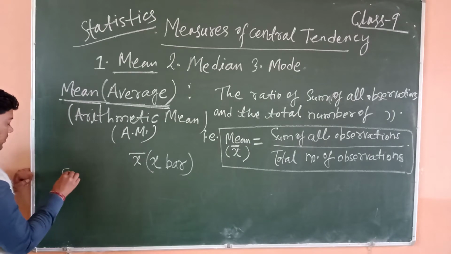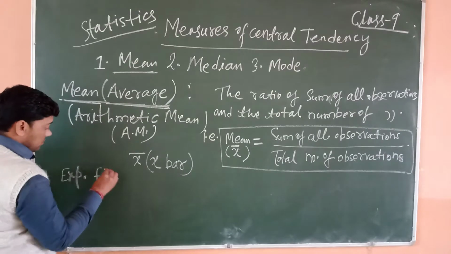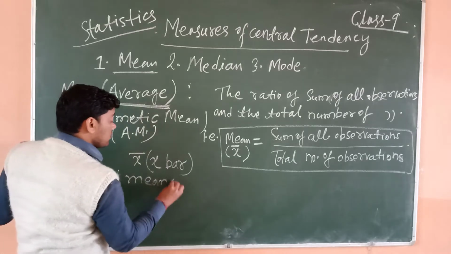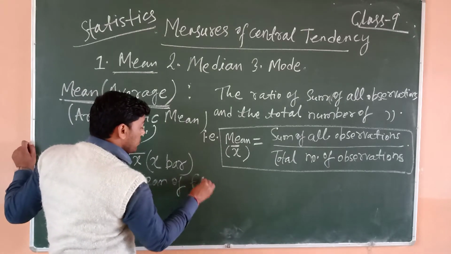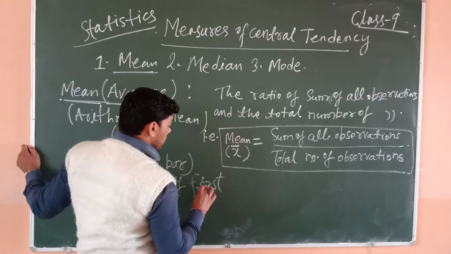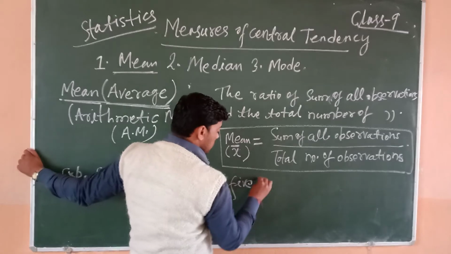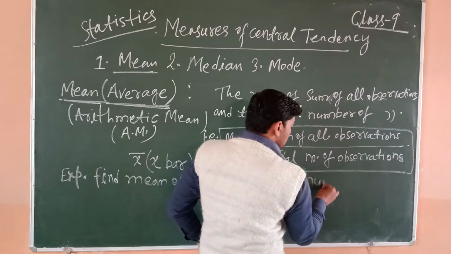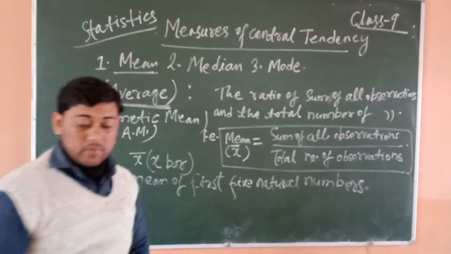As for example, find the mean of first 5 natural numbers.